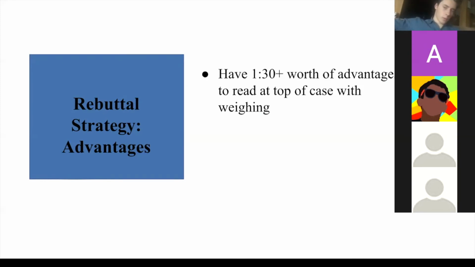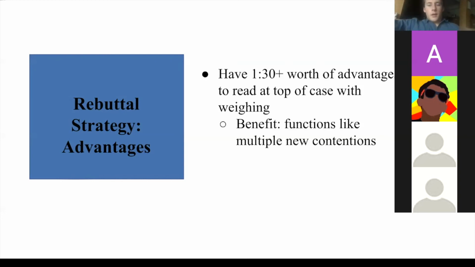And it usually comes with weighing. So again, by advantages, what I mean is independent offense for the affirmative. It's an independent reason why affirming is good and generates some significant impact. And of course, you can have disadvantages, which you read on the negative. So the benefit here is that you can essentially get multiple new contentions in the round if you do this.